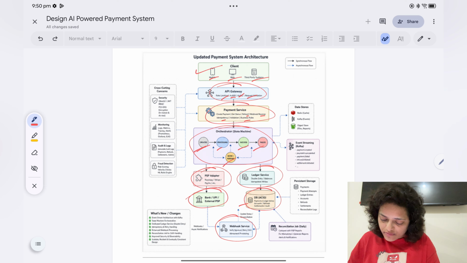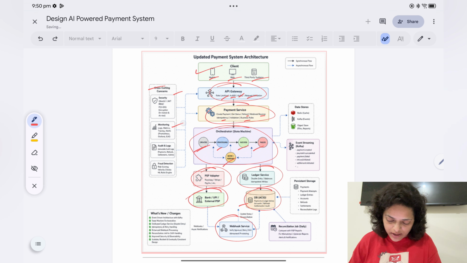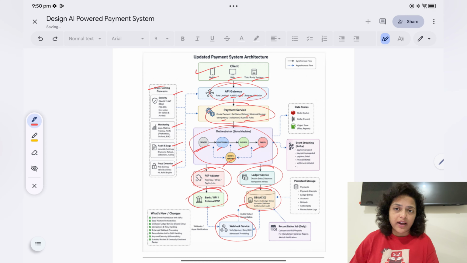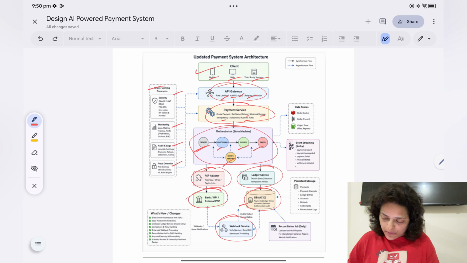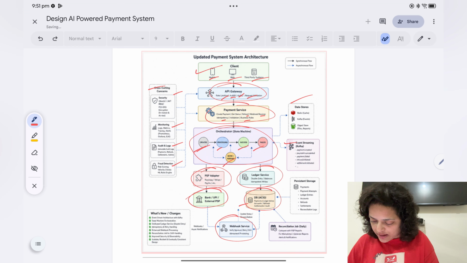Here a few more things you can see, the cross-cutting concerns, which are common for all the APIs: security, monitoring, logs, audit logs, and then fraud detection as well. So AI will come into the picture here. Now you can store the data in Redis, and you can store the data in Kafka also.